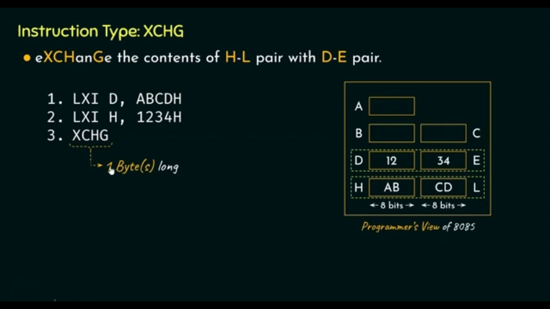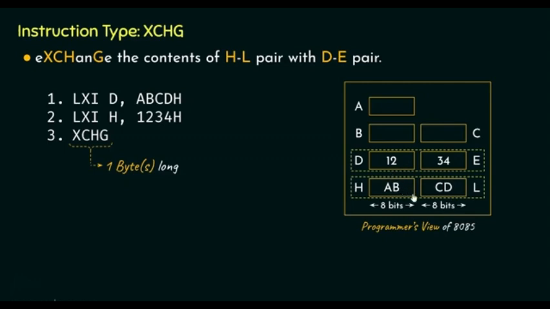Now let me tell you why this instruction is a very useful instruction. Think about it. If we didn't have this instruction, in that case, if we wanted to exchange the contents of these two register pairs, how would we have done it? We would have selected one more register where we could store the data from one register at first, making space for the data from the other register to come to that place. And once that moving was done, thereafter, from the register which we are using as temporary storage, we could bring that data into the previous register.